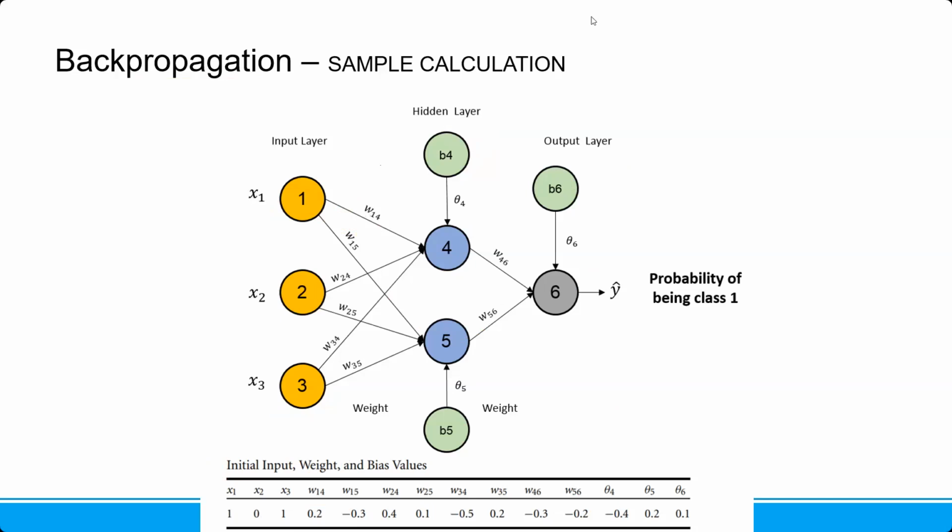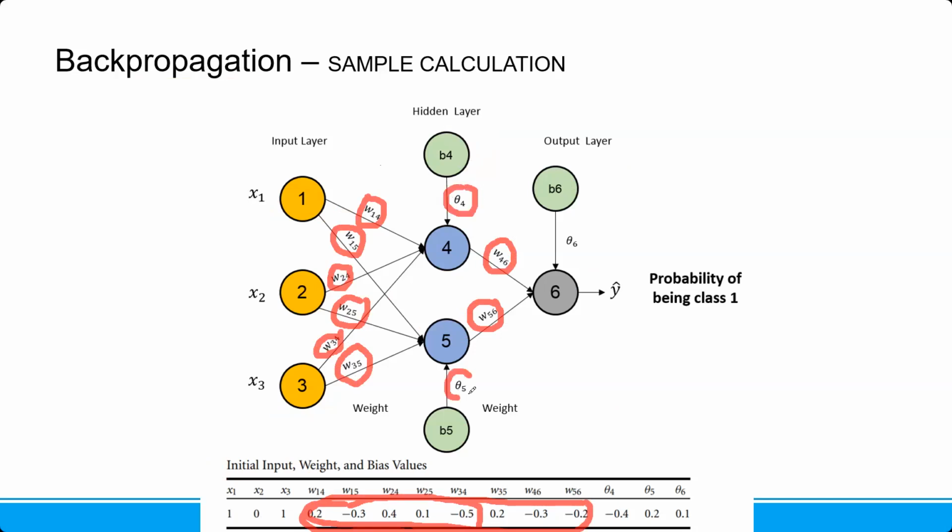Random means any number is generated. So we have W14, W15, W24, W25, W34, W35, and W46, W56. And every number is set up here. For the bias, we have the theta, theta 4, theta 5, and theta 6.